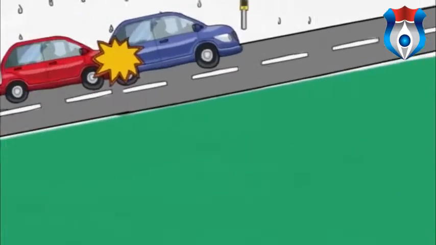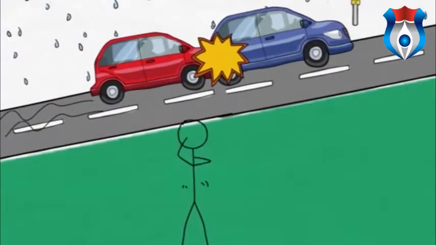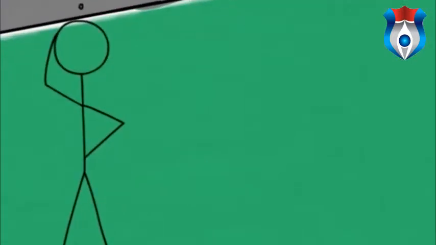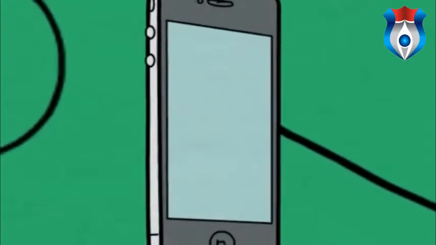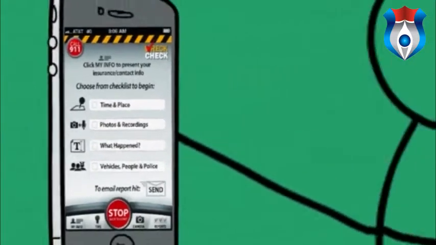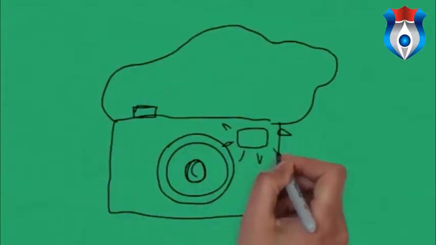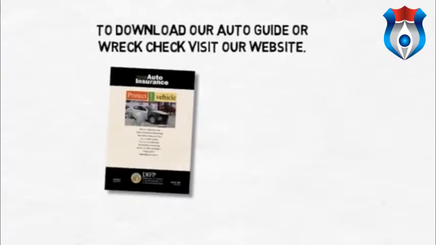So, going back to the accident, what do you do next? Well, the Department of Insurance has got you covered with this awesome free app called RecCheck. It takes you through the crucial steps, from exchanging insurance information to taking photos. The department also has an easy-to-read guide that explains required and optional coverage and provides worksheets to help you shop.